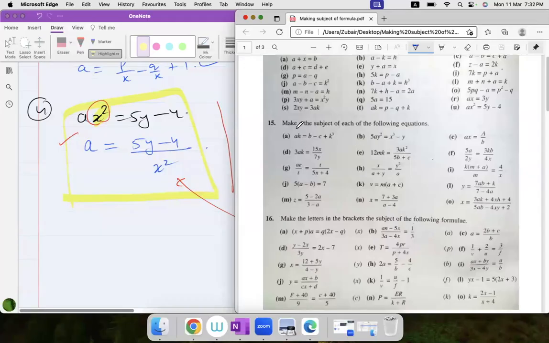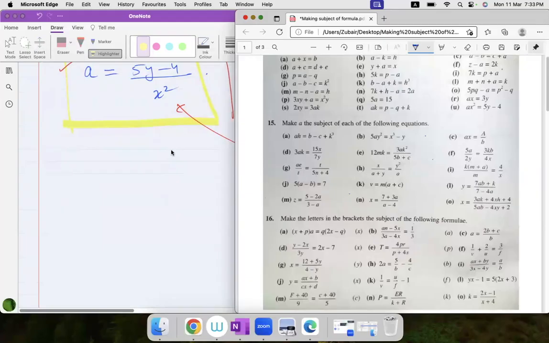When we move on slowly to 16, one is sometimes very tricky. Okay, let me see in 15. Let's try this E part, and then we'll have something we need to think about.